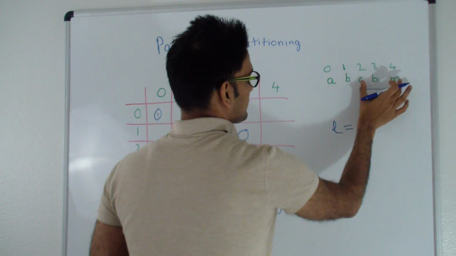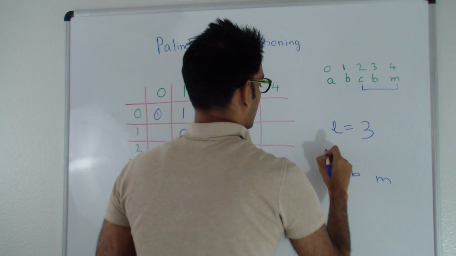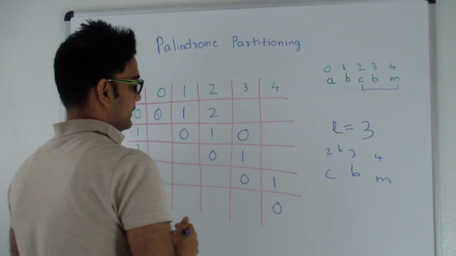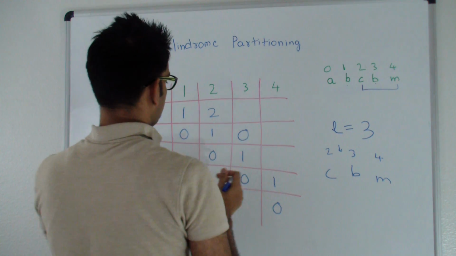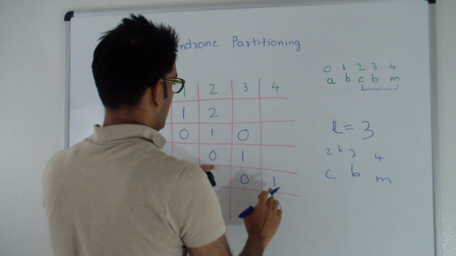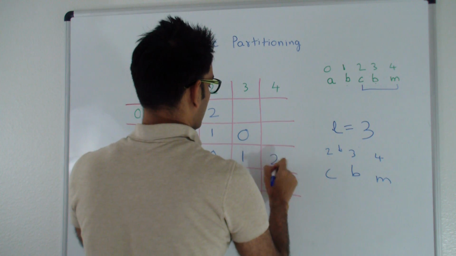Let's check this. Again, C, B, M, 2, 4 is not a palindrome. So I can split at this point. The minimum number of splits it will take is T of 2, 2, which is 0, plus T of 3, 4, which is 1, plus 1, so that's 2.